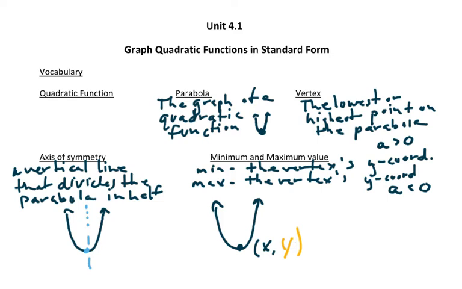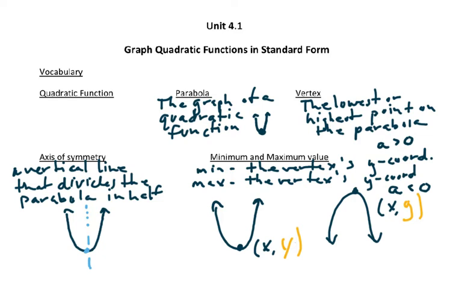Now, if this thing were to open downward, then we're looking at the vertex again, and you'll have your x, comma, and there is our y value. Again, that's going to be our maximum value. So basically, it's where the parabola gets to its highest point or its lowest point, but it's always the y value where we find the min and max.